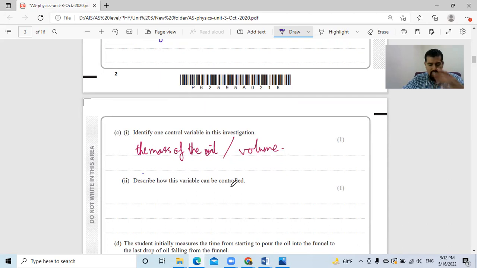We can keep measuring the mass while doing the experiment, or we can keep measuring the volume by the measuring cylinder.